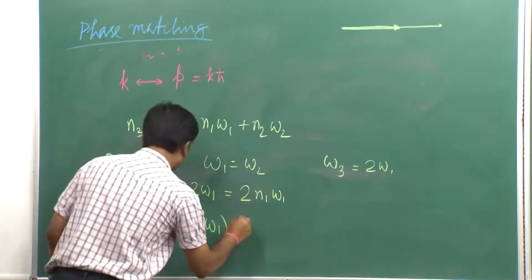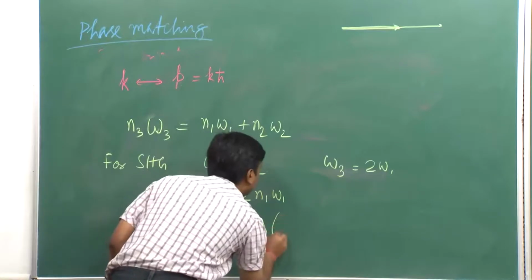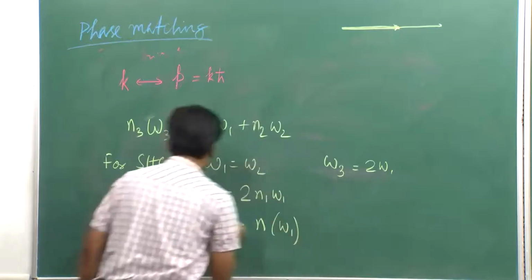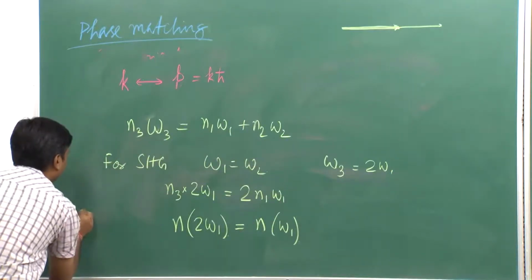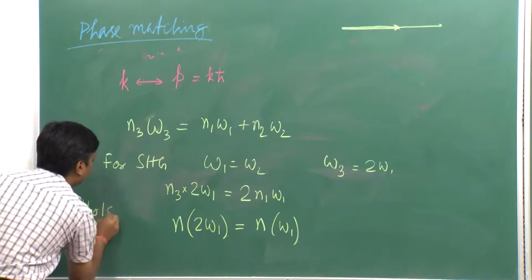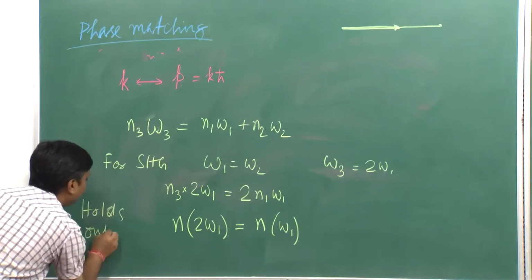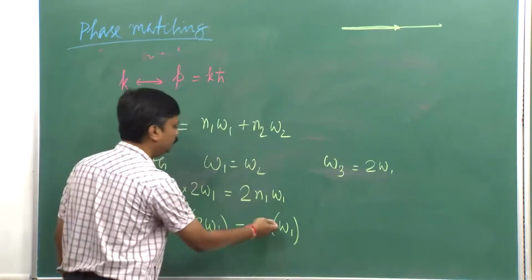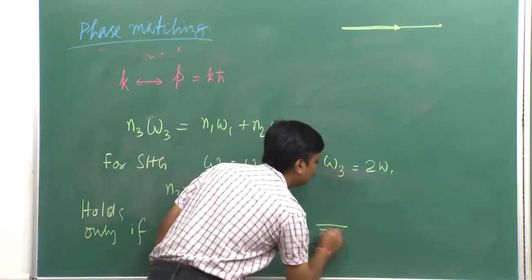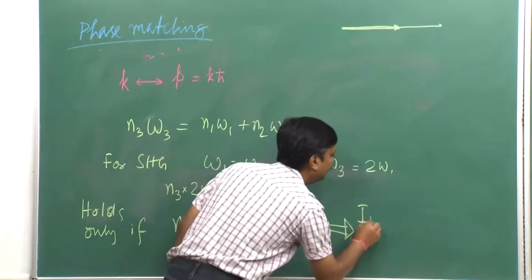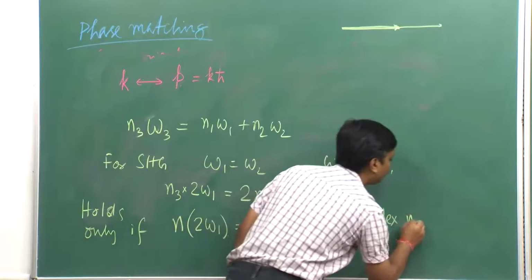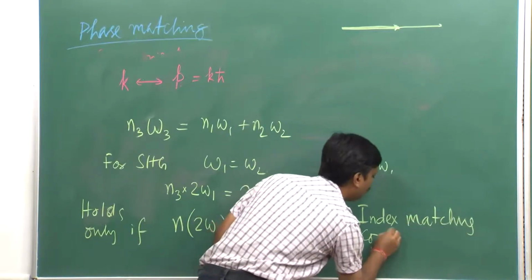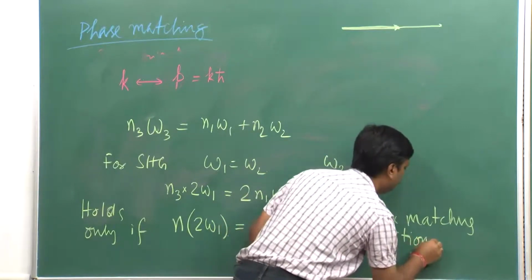So this is only possible when I have this condition fulfilled, and this holds only if N of 2 omega 1 is equal to N of omega 1, which is known as the index matching condition and also known as the wave vector matching condition.